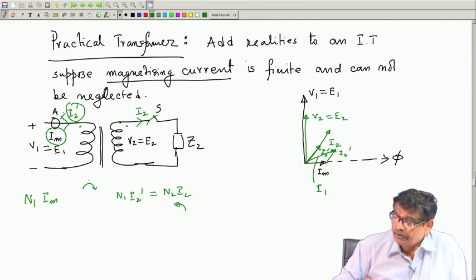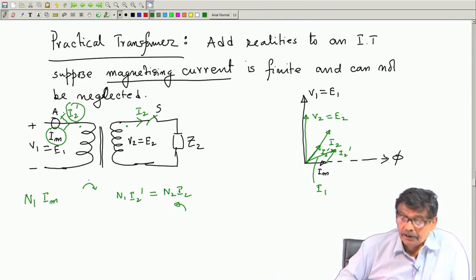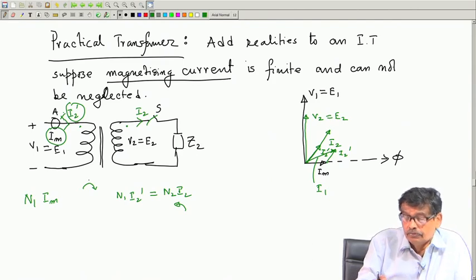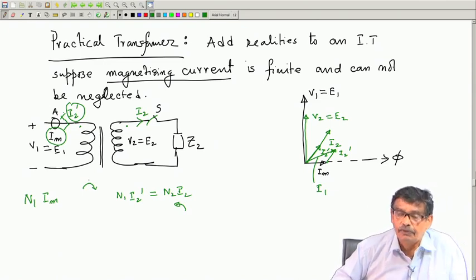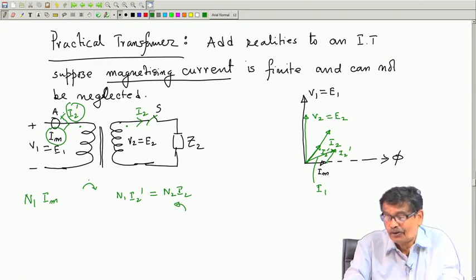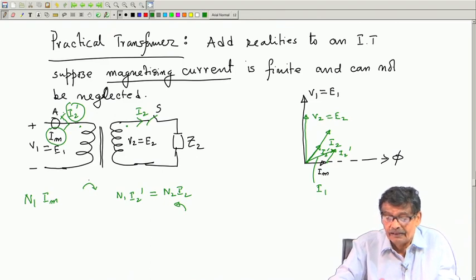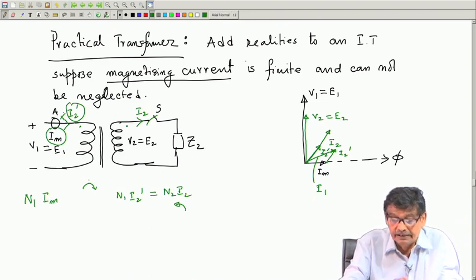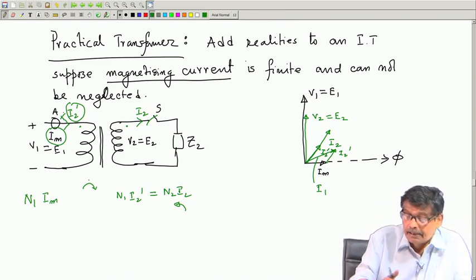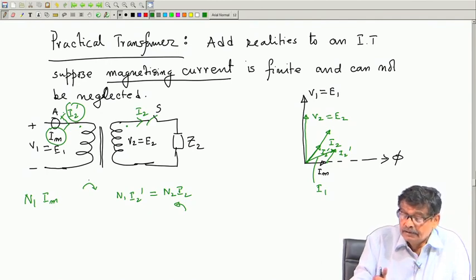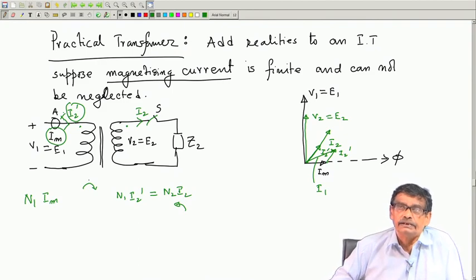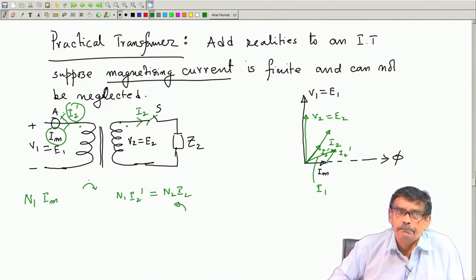Now, the question is, this is fine, but how to model this, how to put this into an ideal transformer? I should add something to the ideal transformer, so that whatever is happening in this transformer is correctly modeled. What do I mean by modeling?